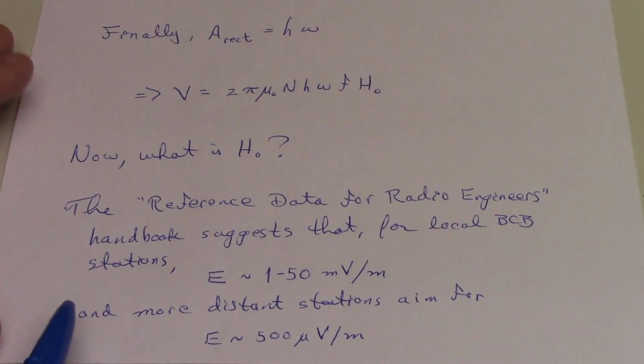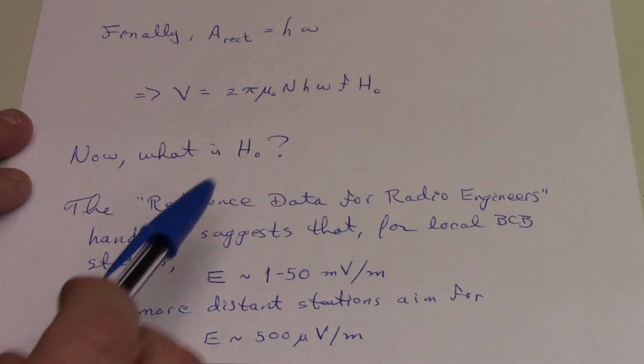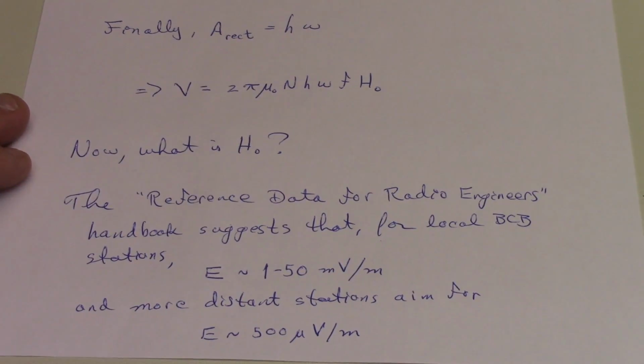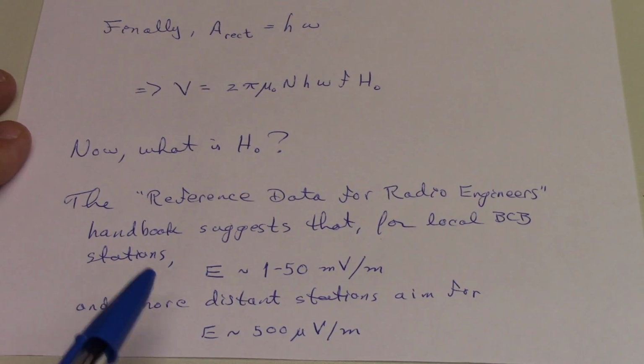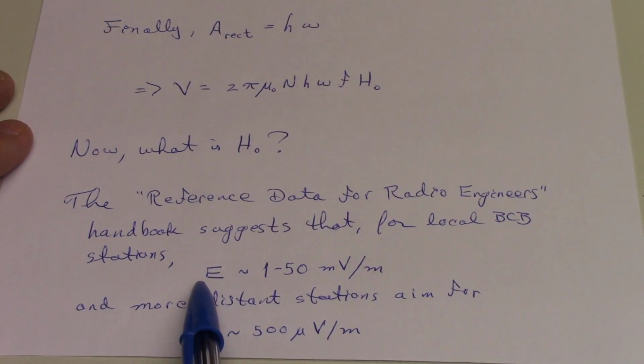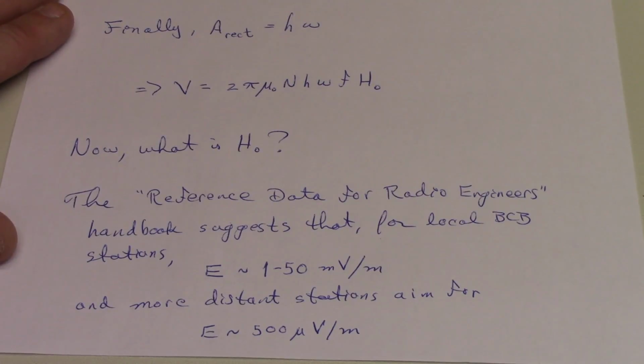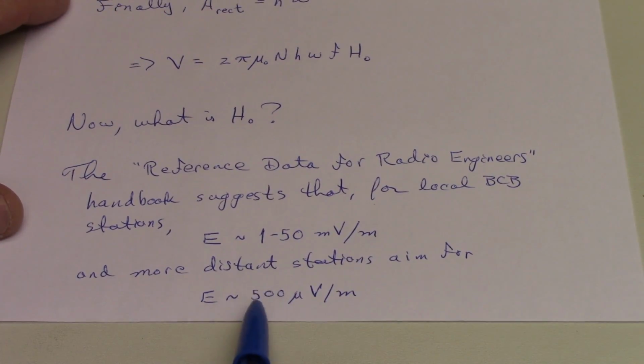What I'm going to do is, because I'm interested in estimating the magnitude of this voltage, I'm going to estimate H naught. And it turns out that broadcast engineers design radio stations so that they produce an electric field for local AM stations that is in the range of 1 to 50 millivolts per meter. And for more distant stations, it tends to go down into the tens or hundreds of microvolts per meter.